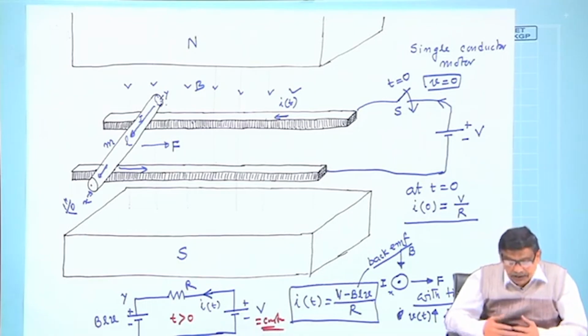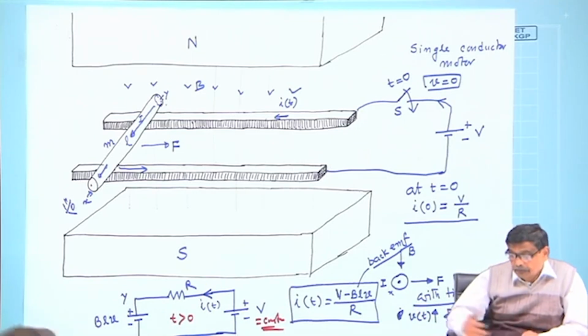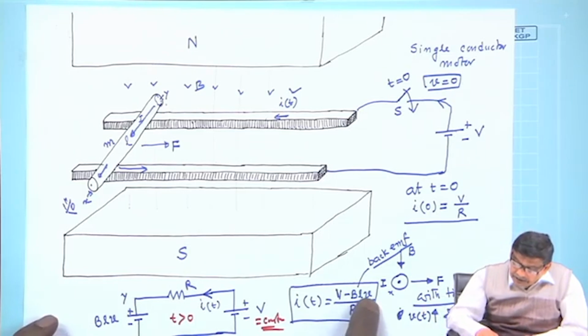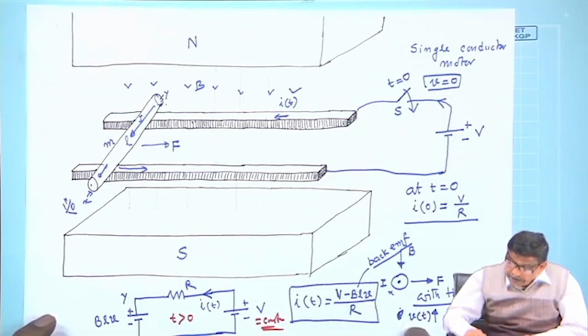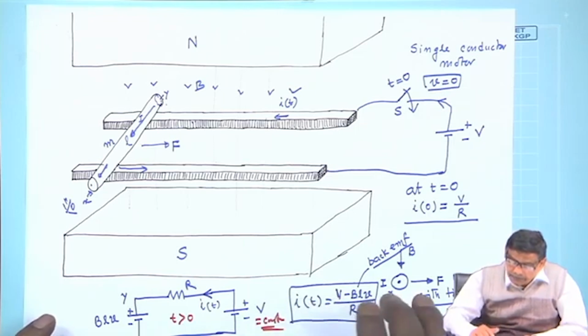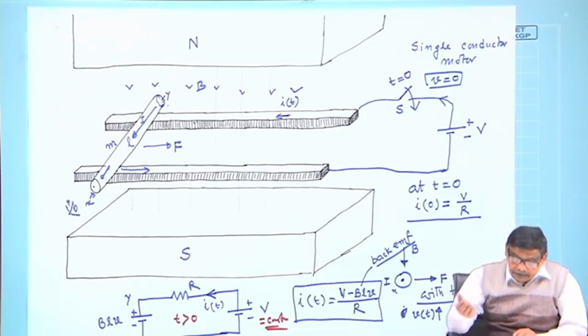Rate at which it is going up will of course slow down as we go along the time, but nonetheless this V will go on increasing so long as I(t) is there, and the value of I(t), in the numerator the negative term is increasing, so it will decrease. Therefore, I can conclude without having the final result that current value should go on decreasing and velocity should go on increasing.